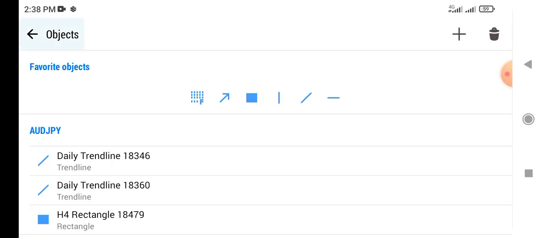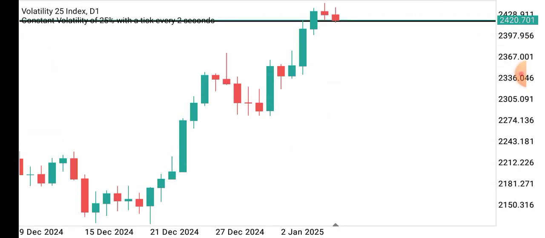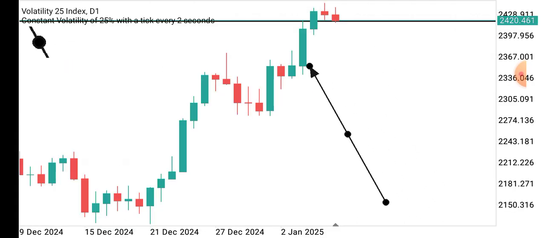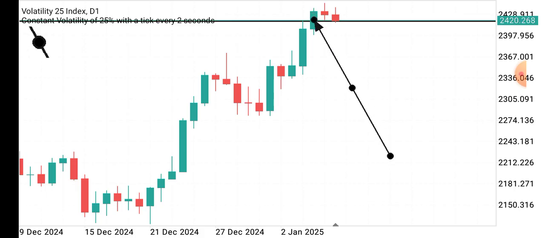I told you, once you open your chart every day, load up all the pairs on your quotes, then go to the daily time frame and keep checking which one has that structure. Which structure am I talking about? This particular structure here. What we want to see is, this is the previous 2 days' candlestick. It closed bullish, but it left a wick at the top.